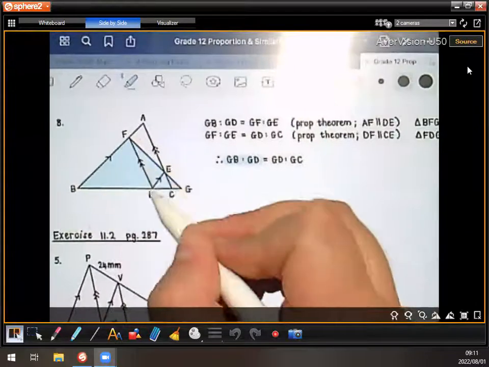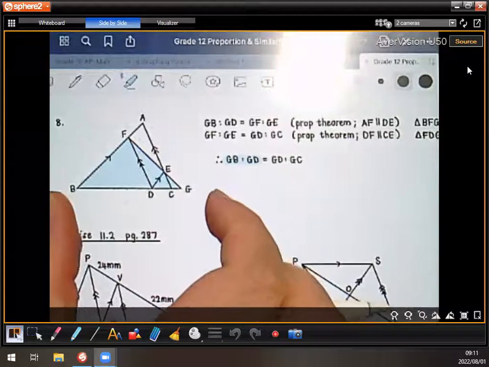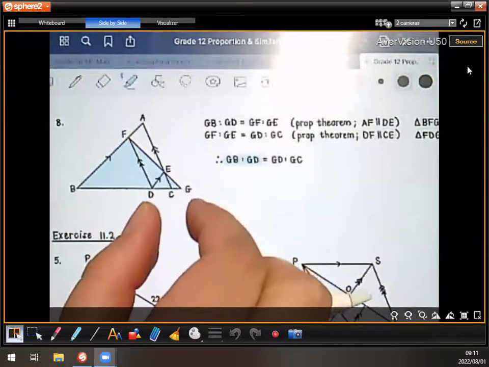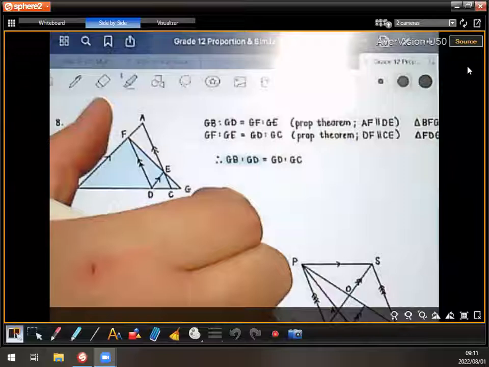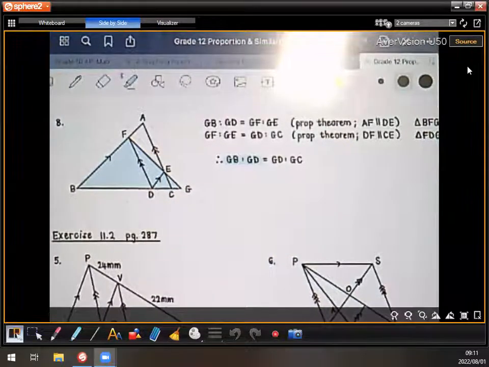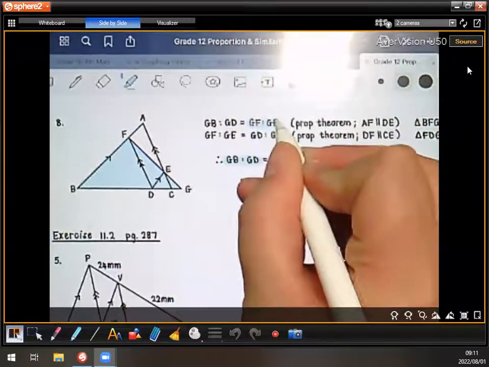Now, these two lines are parallel, right? So if we're doing GB to GD, that's the whole side over that part. That would be GF to GE. You guys agree with that? So that was my first one here.